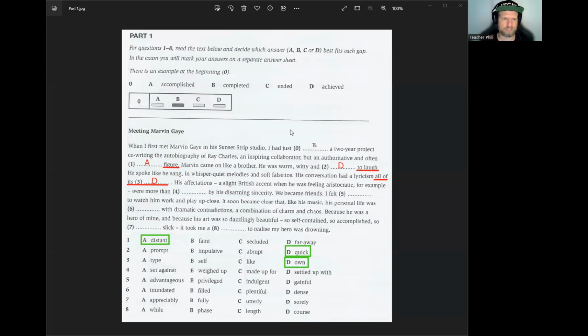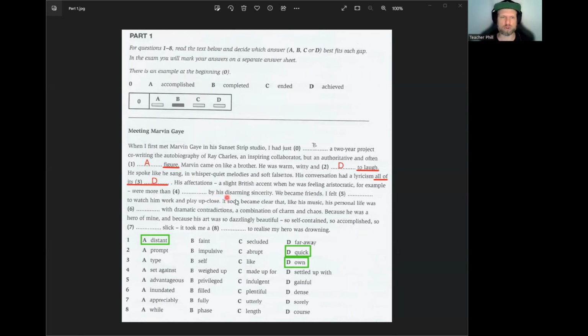Okay, next one. His affectations, British accent, for example, were more than by his disarming sincerity. Okay, so his affectations, which is maybe here considered like a little dishonest, a little bit like when you act, there's some affectation to this, like it's not natural.